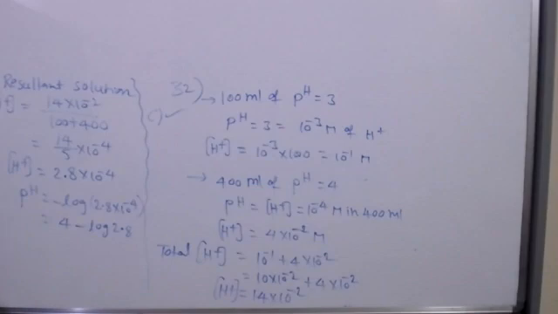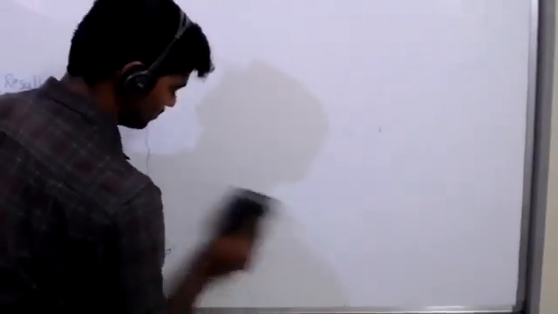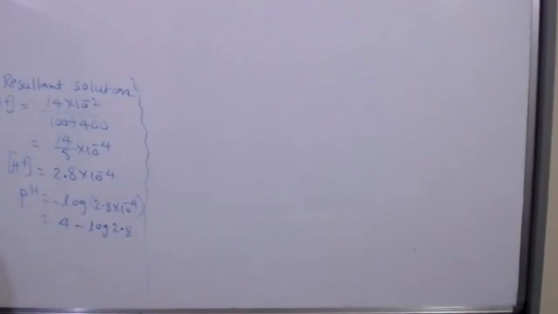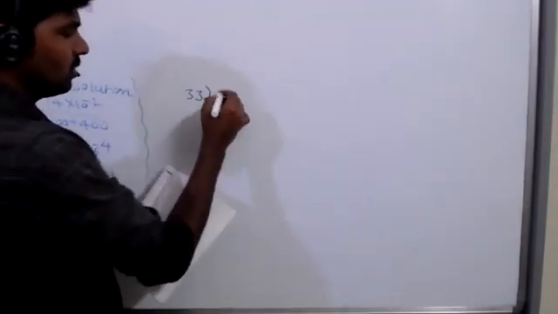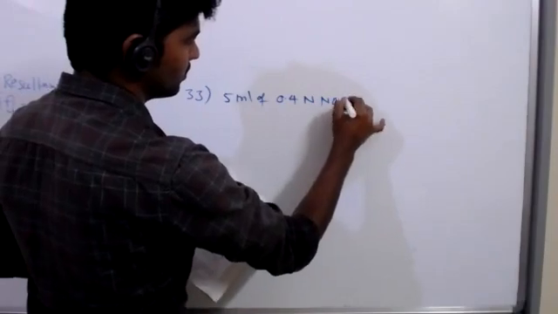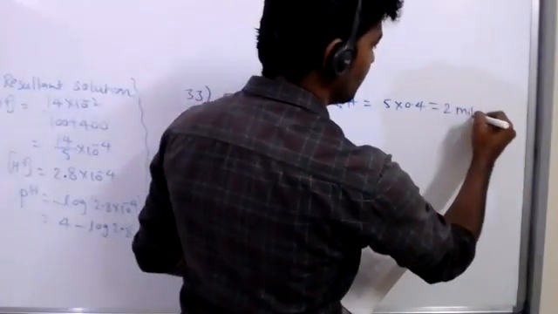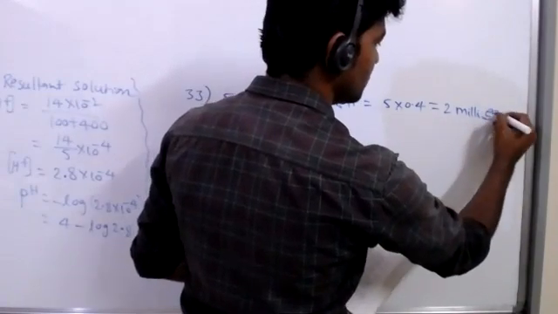So do it like that: 5 into 0.4 and 20 into 0.1. 5 ml of 0.4 N NaOH is 5 into 0.4 equal to 2 milliequivalents, since it is given in normality.